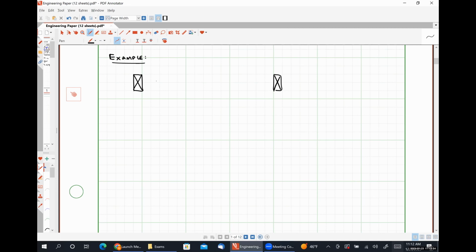And then I have a simple mechanical suspension like so. And then down here is going to be my comb drive portion. So this bit is my movable electrode.